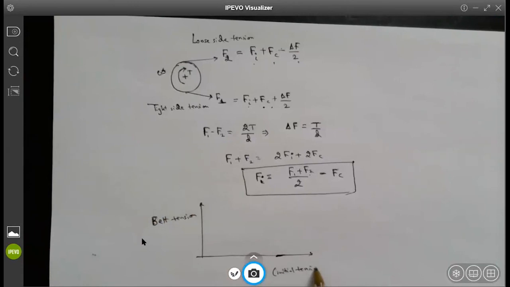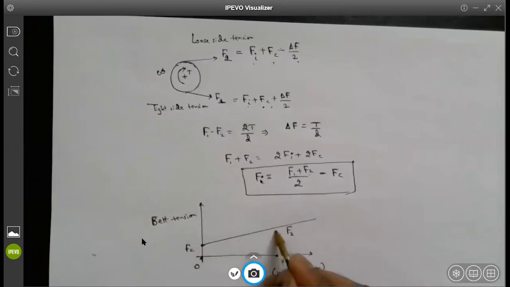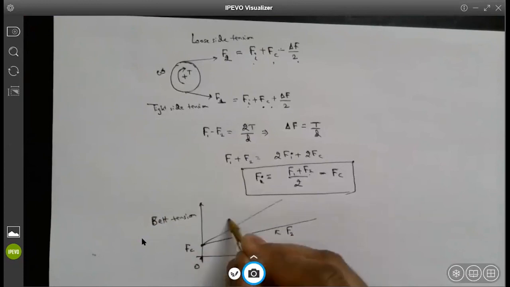And what it says is that if Fi is 0, this is Fc, this line is F2 loose side tension, and this line is tight side tension.